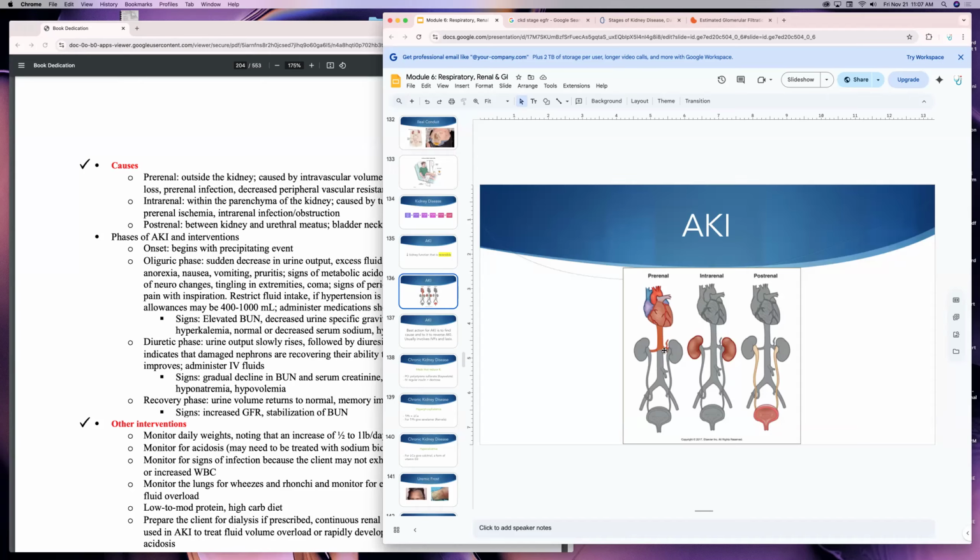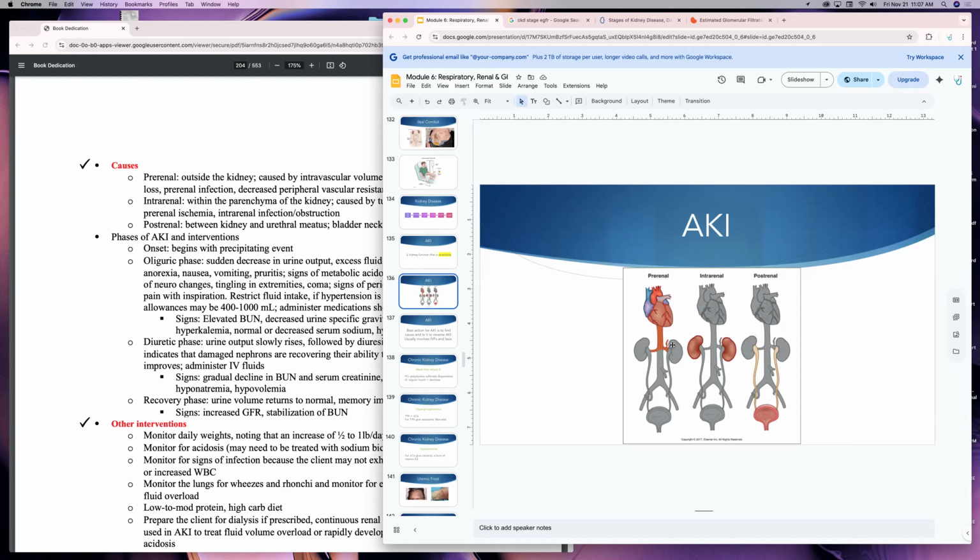And if the blood pressure is low, the kidneys don't get perfused properly. And if the kidneys don't get perfused properly, the kidneys won't make enough urine. And not only that, but if the kidneys don't get perfused properly, you're literally saying that the kidneys are not getting enough oxygen. So how can the tissues of the kidneys survive if they're not getting enough oxygen, right?